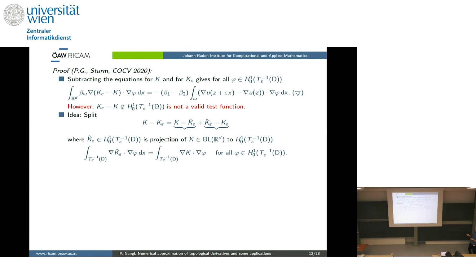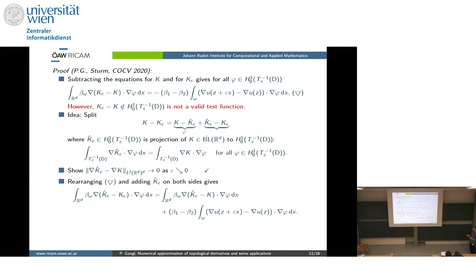We introduce another term, which we denote by k epsilon hat, which is the projection of k onto this blown up but bounded domain. I don't want to go into detail maybe, but this is the key idea. You introduce this projection. For this projection, you can show that it converges to this k in the suitable sense.